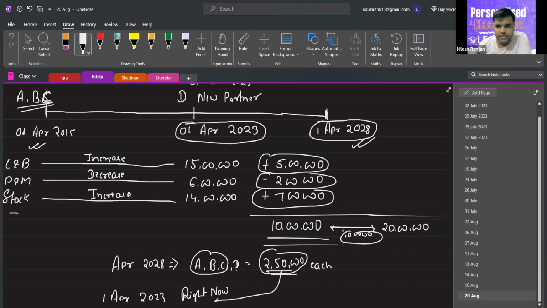Now, there can be a calculation where we distribute this 10 lakh only between A, B, and C, and the rest of the 10 lakh between A, B, C, and D. But this is not suitable. It is not good for accounting. So what we do is distribute the whole 20 lakh between A, B, C, and D. So they all will get 5 lakh each.